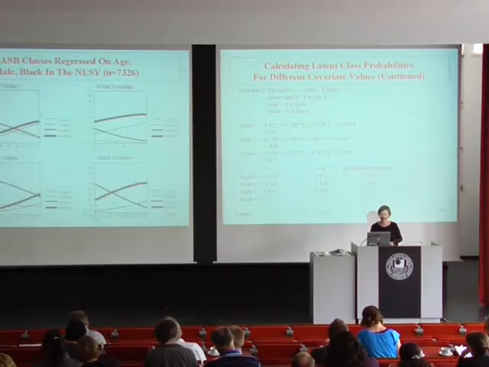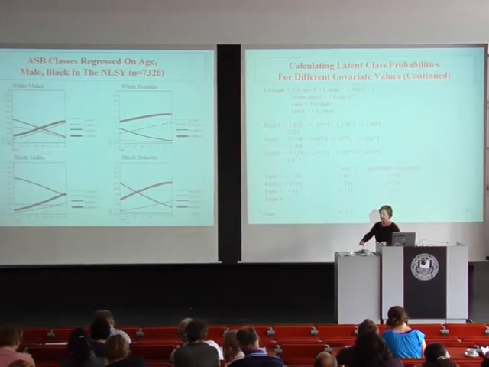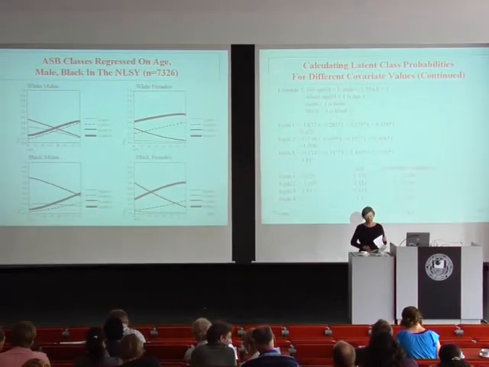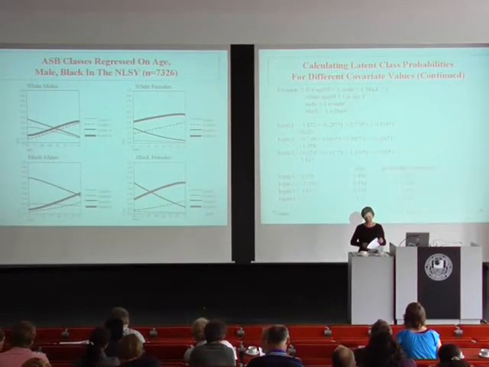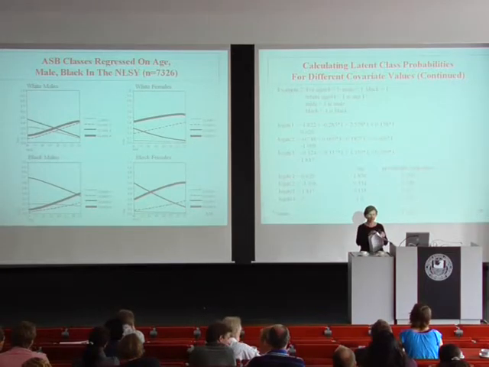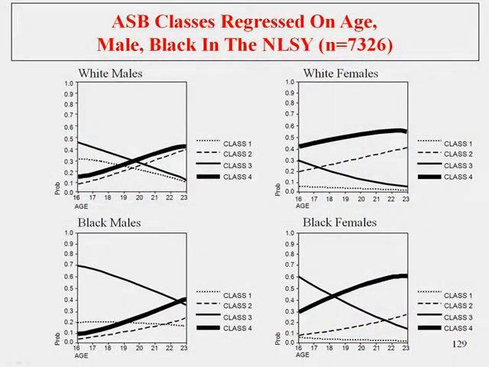And then we can take these probabilities and make them into some type of picture that maybe helps us understand better what's going on. I always have to have this because I can never remember what the classes are. Anyway, here we had 3 covariates. 2 were binary and 1 was continuous.